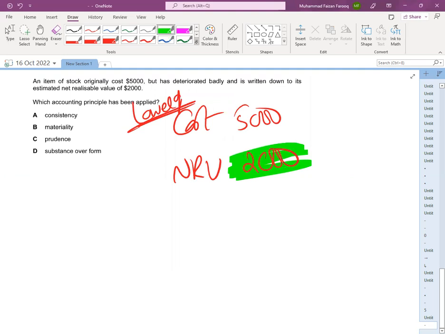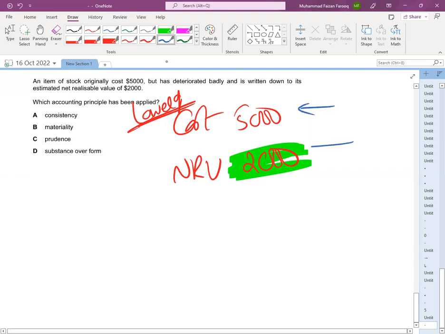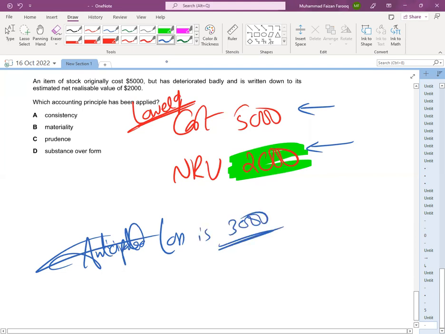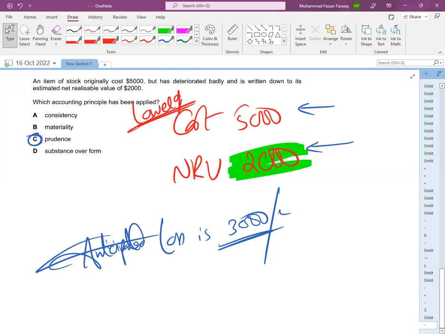The item originally was 5,000, but we are recording it at 2,000. So the anticipated or expected loss is 5 minus 2, 3,000. Expected loss must be or can be recorded, income cannot be. Which accounting concept is that? It's prudence.